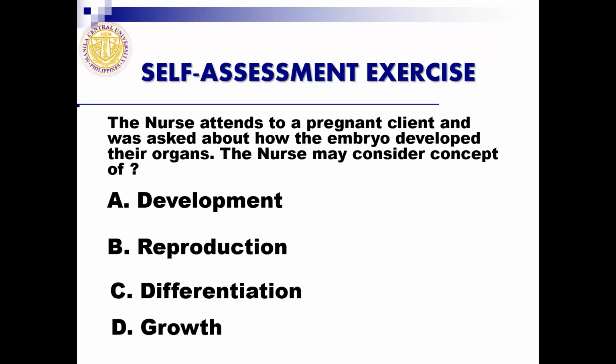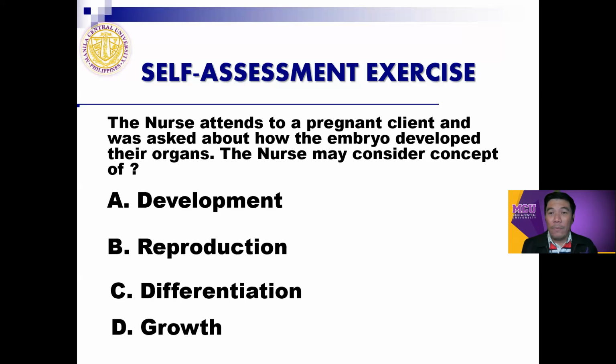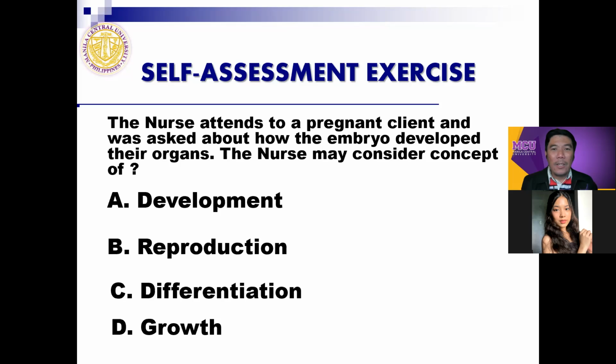Now, the nurse, as mentioned, attends to a pregnant client and was asked about how the embryo developed their organs. There could be two concepts that may come to your mind. One is when the sperm and the egg cell unite and again form a new organism.